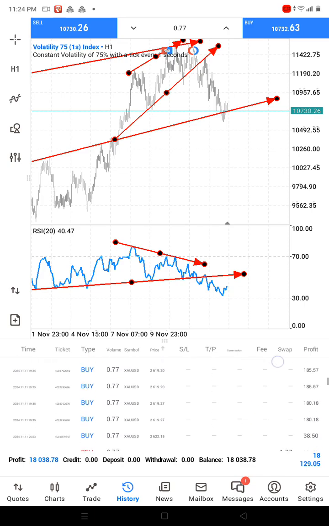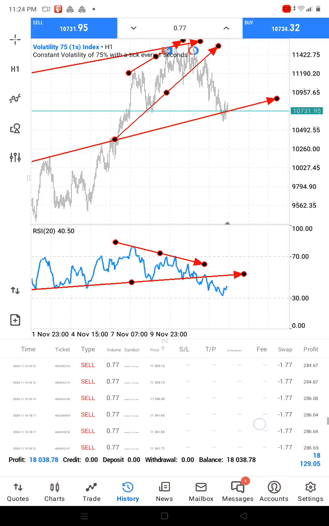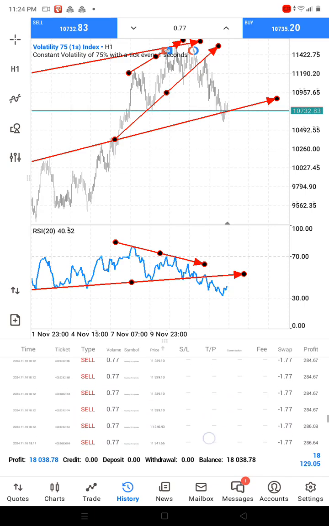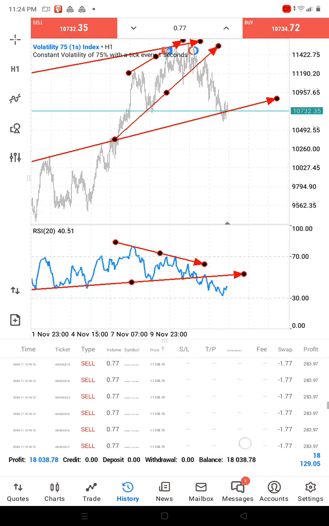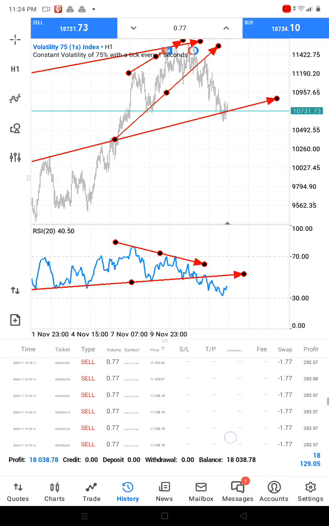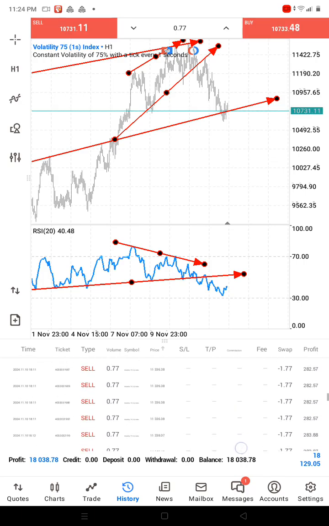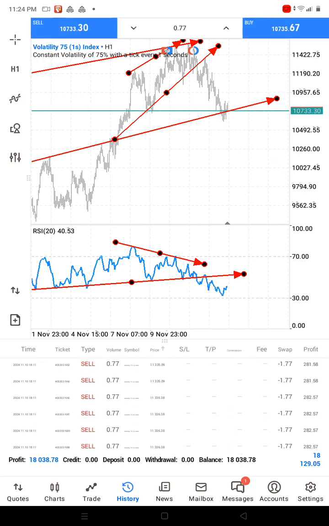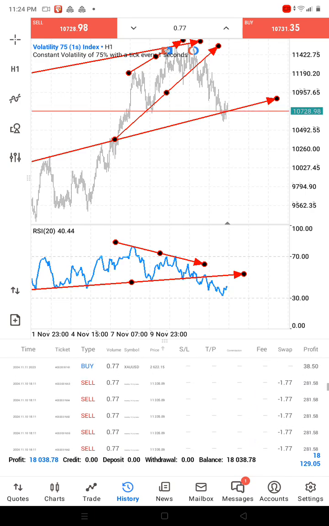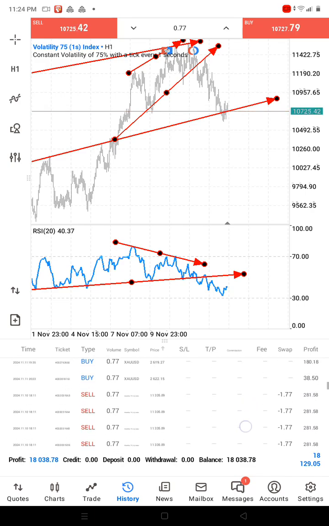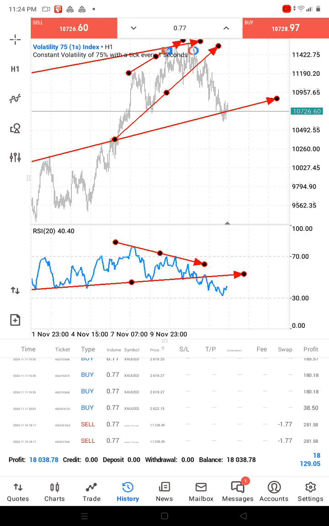And if I am to showcase to you how this trade transpired, you'd actually see that this trade is the one that was generating these monies, these 283 US dollars at 0.77. The eventual profit that I got from this trade was about 14,000, but it was on a demo though.